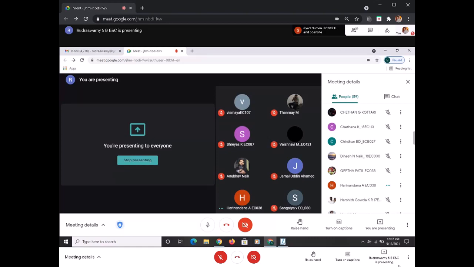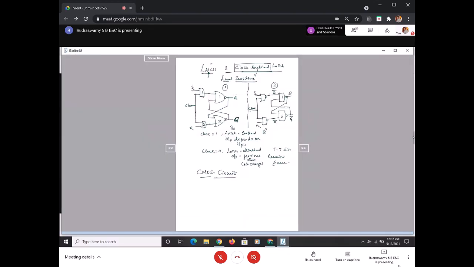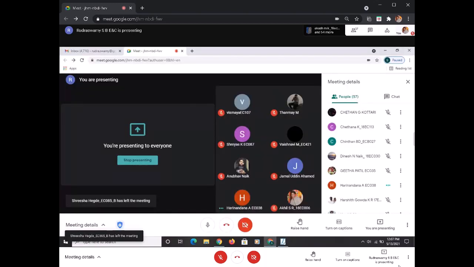Yes or no? Yes, sir, I heard the question. Tell me now how to go ahead with this. I was constructing the SR latch same as yesterday, sir.